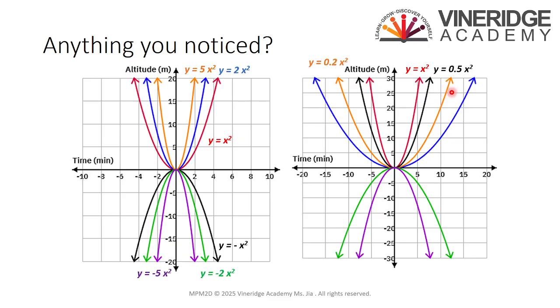And then when a is 0.2, what about 0.1? The opening is getting larger and larger, right? Similarly, if we give a negative value instead, so negative 0.5, it's like the upside down of positive 0.5, right? So you flip it over across the x-axis. And y equals negative 0.2x squared, okay?